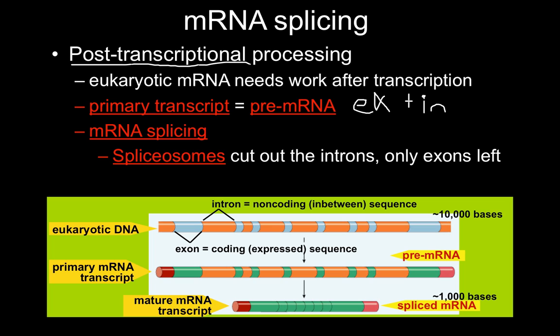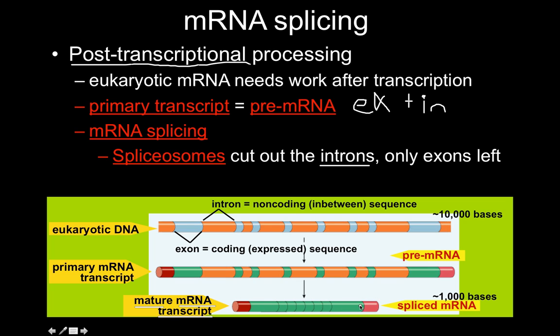These special things called spliceosomes are going to come through, and they recognize specific sequences in the bases of the nucleotides. The spliceosomes, based on those sequences, will cut out the introns. So what's left behind is only the exons. What we're left with down here is called a mature mRNA transcript.